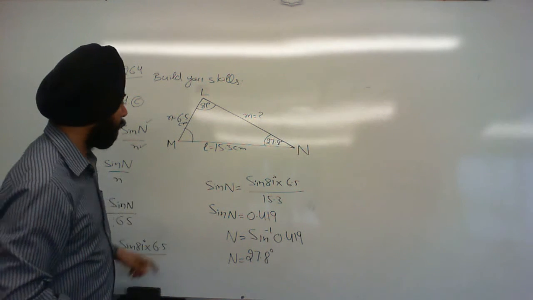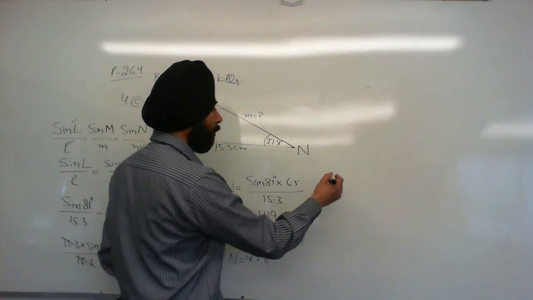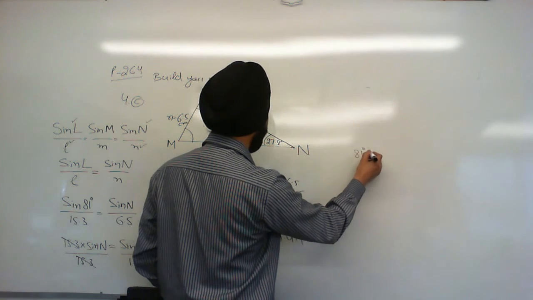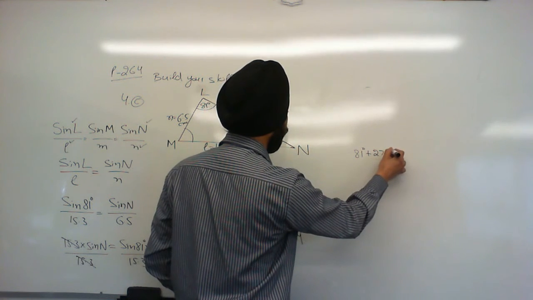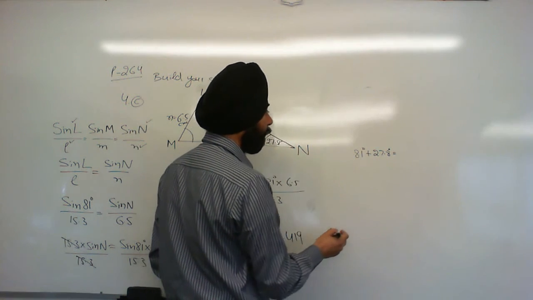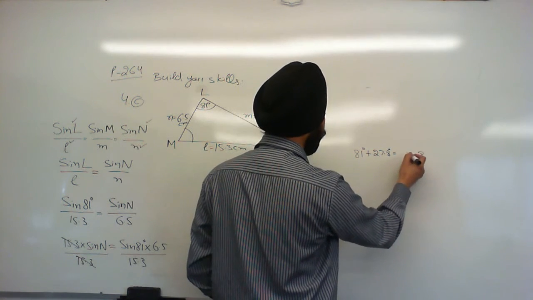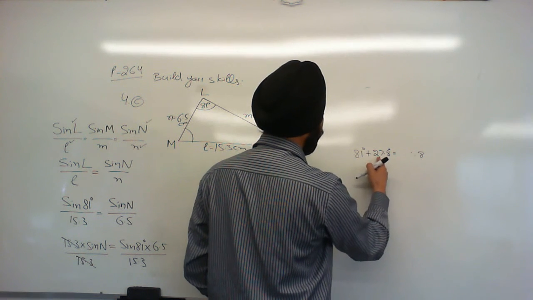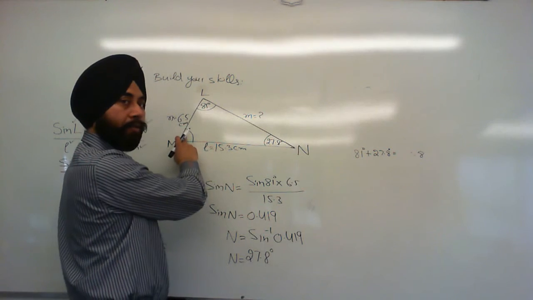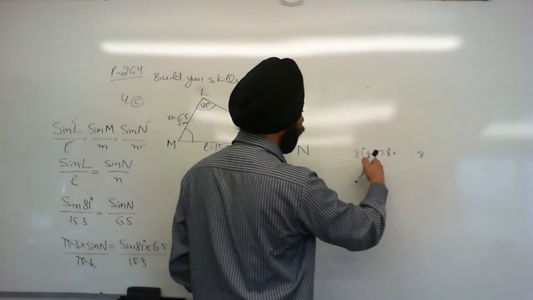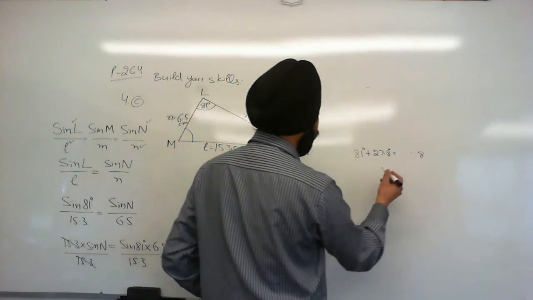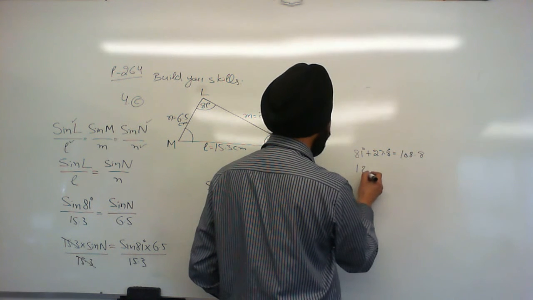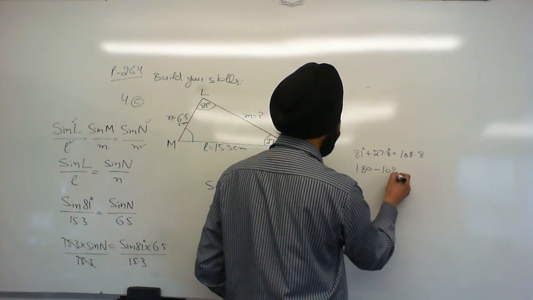Okay, do it now. How will you find angle M? Adding the two angles, 81 plus 27.8, what's this? 108.8. Yeah, 108.8, and then you subtract 180 minus 108.8.